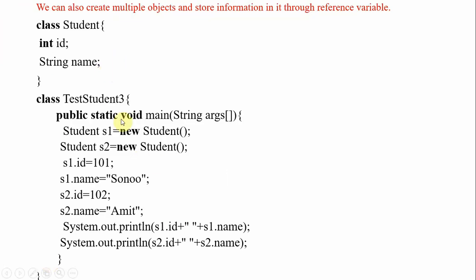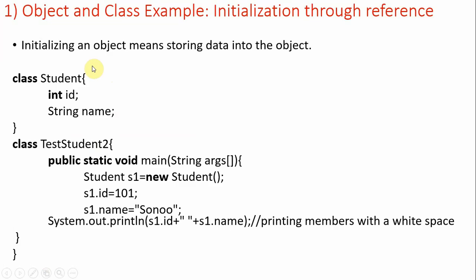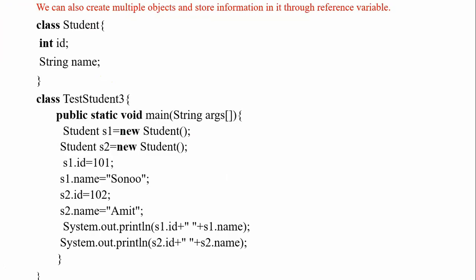We can also create more than one object. The same example we are continuing from the previous slide: class Student, class TestStudent, but we are changing the names. Student has id and name, and the same public static void main with object creation, reference values assigning and printing.